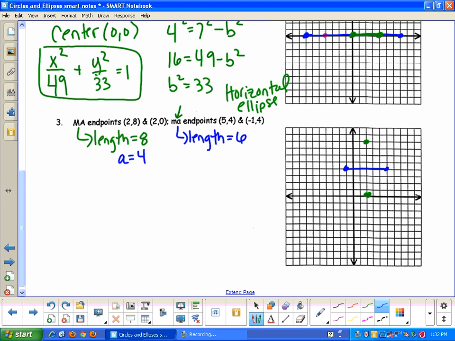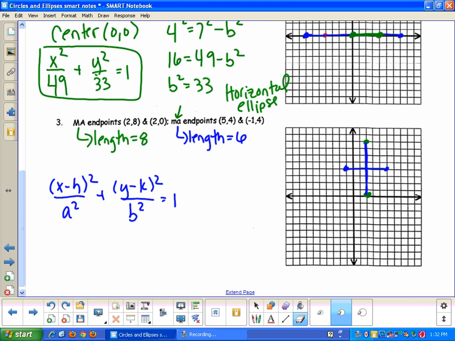I guess I should use that as b, because remember we said that the major axis, since it's on the y right here, then I know that's going to go underneath my y. And if we have x minus h squared over a squared plus y minus k squared over b squared equals 1, then if my major axis is on the y, I should do b instead of a.